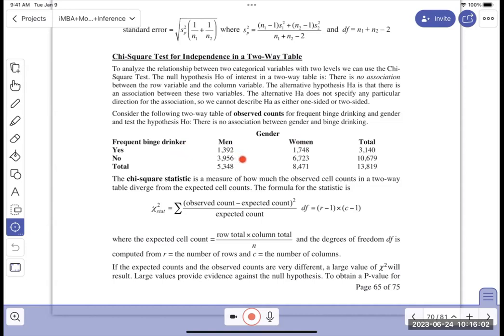In this sample, 1,392 men said yes, they're binge drinkers, and 1,748 women said they are binge drinkers. This many men said no, they're not, and this many women said no, they're not. So it's really important that these numbers are relative to how many were interviewed. Now, it's common that women are more likely to answer a survey. You see that right here. So this number being larger than this number means nothing. You have to relate it back to the total, right?